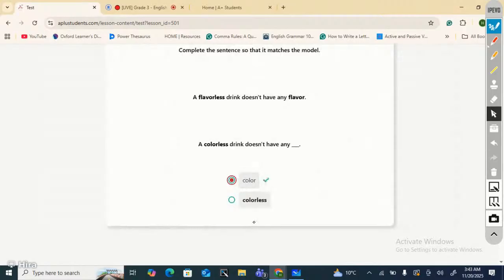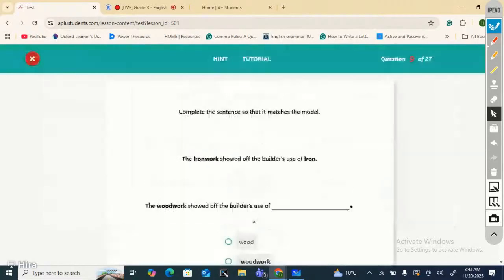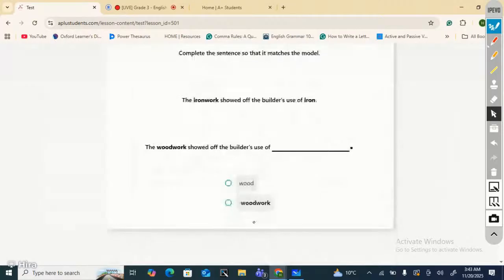It's already done, so we are going to skip it. The ironwork showed off the builder's use of iron. The woodwork showed off the builder's use of what?